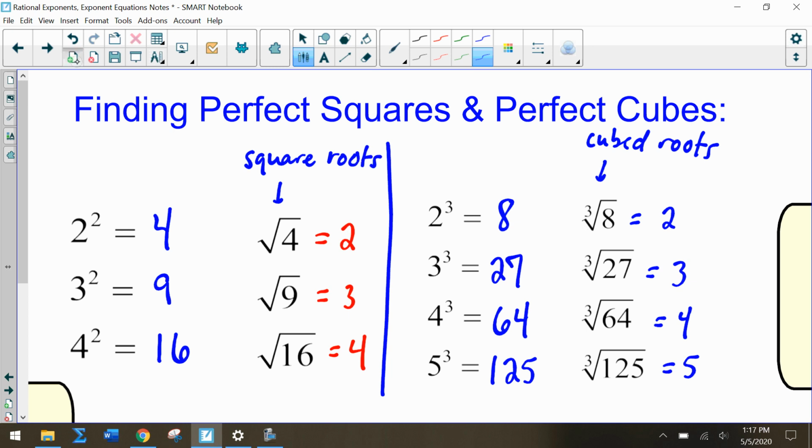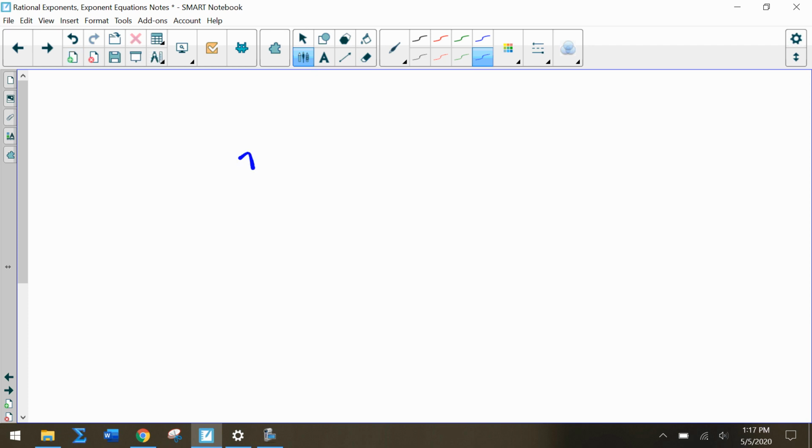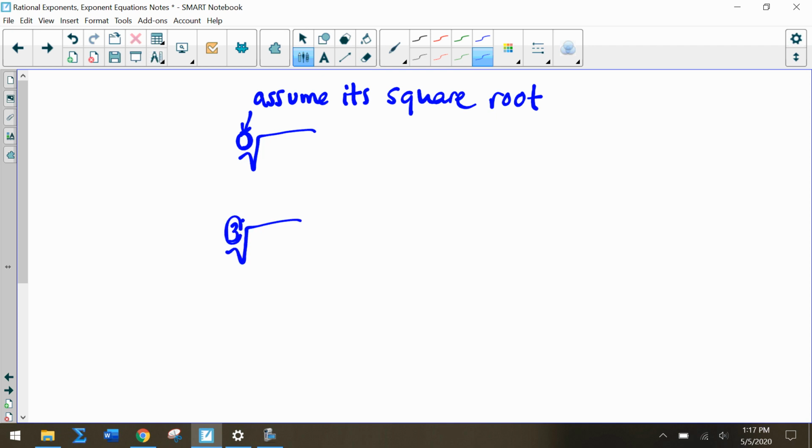Okay? So for a radical, we've taken square roots. When there is no number in this region here, we have to assume it's a square root. But if there's a 3 there, that means this is a cubed root.